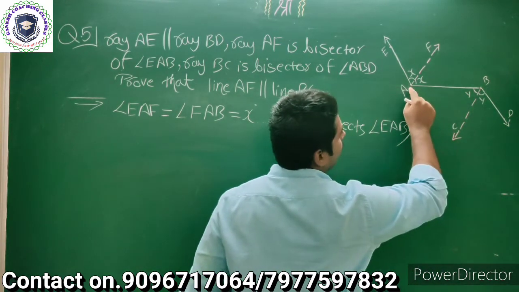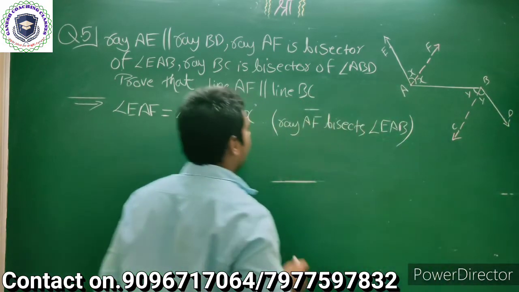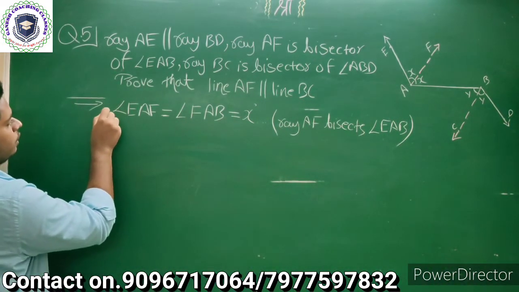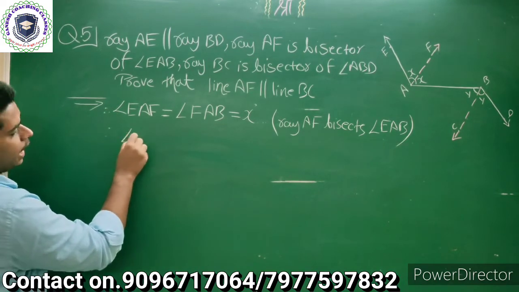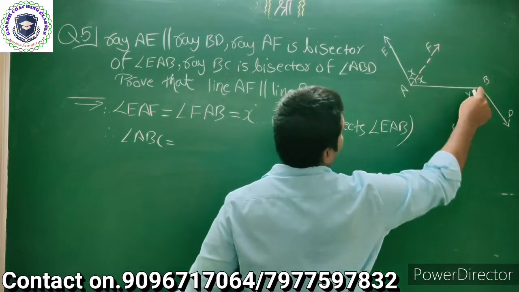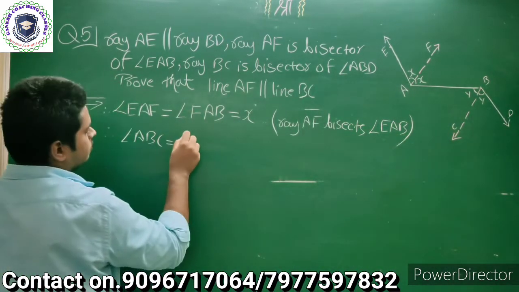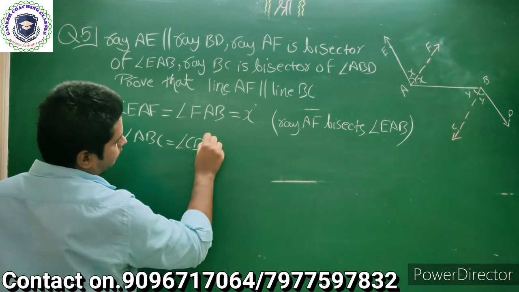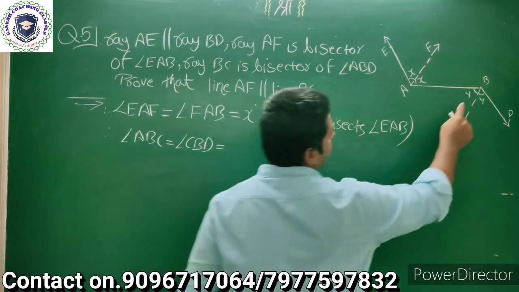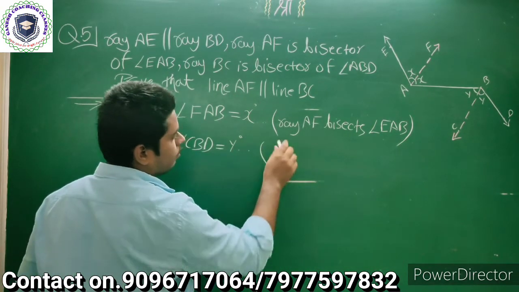So here we can write angle ABC is equal to angle CBD, which is y degree.